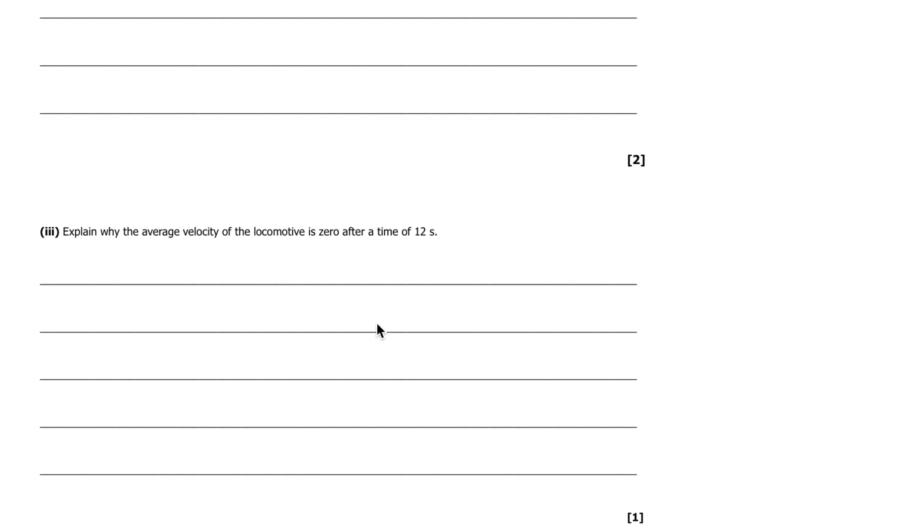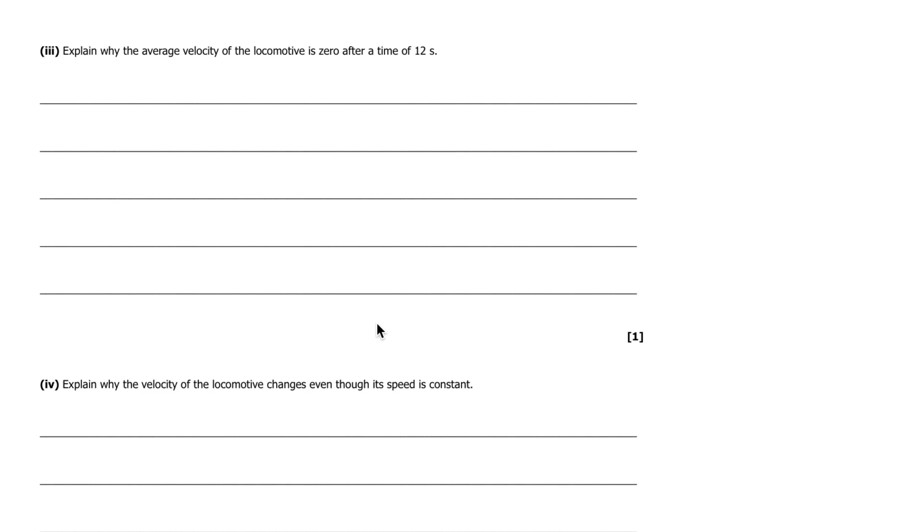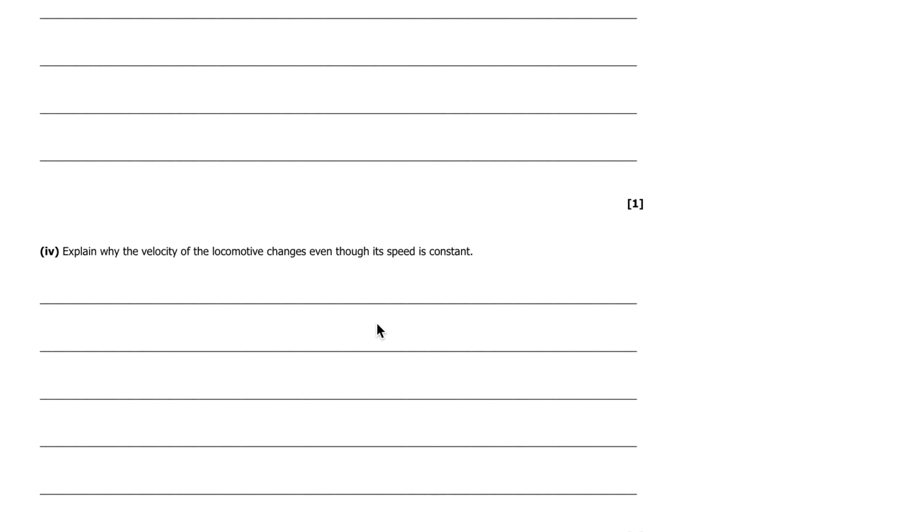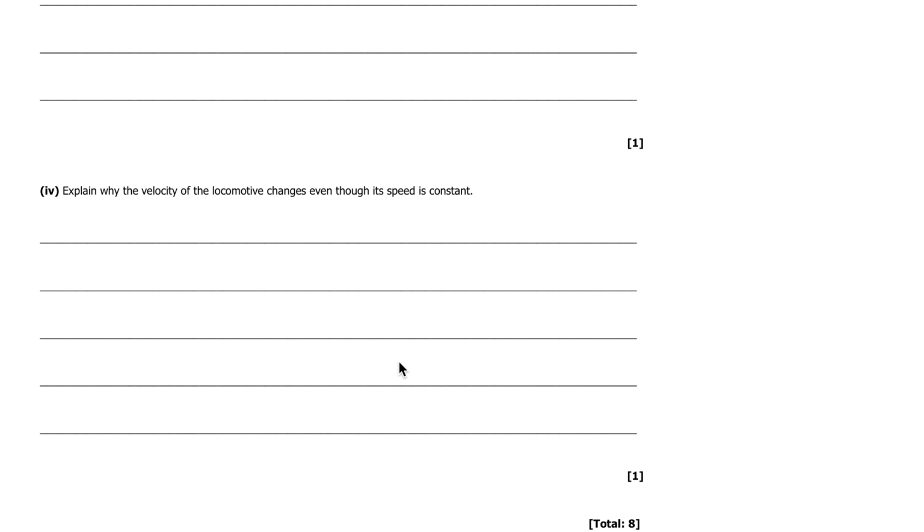If the displacement is 0, then the velocity must be 0 as well, because displacement divided by time is velocity, and displacement 0 divided by 12 is 0. We also need to explain why the velocity of the locomotive changes even though the speed is constant, and for that we need to explain that the direction constantly changes. So whenever direction changes, velocity changes as well.